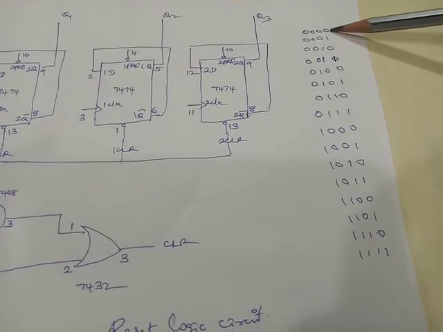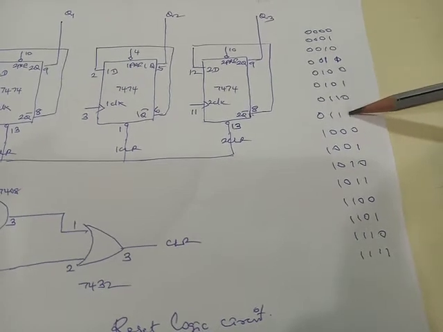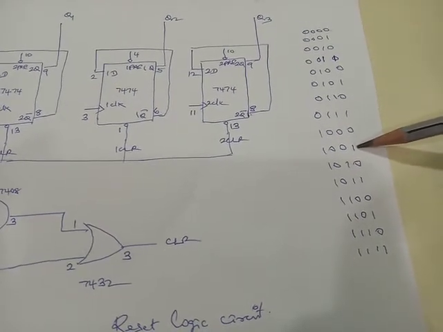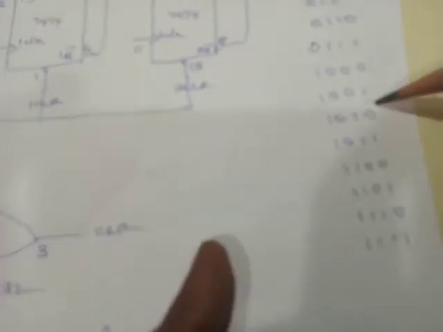So 0, 1, 2, 3, 4, 5, 6, 7, 8, 9, ten states.